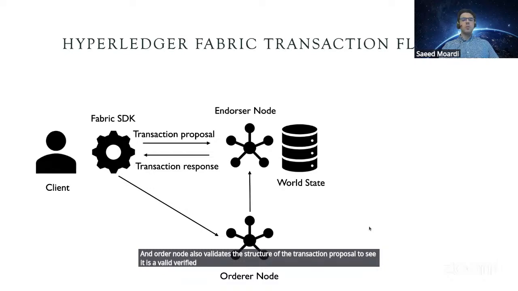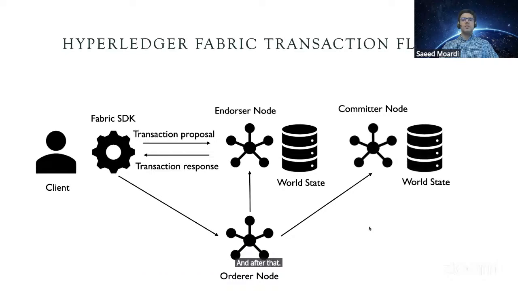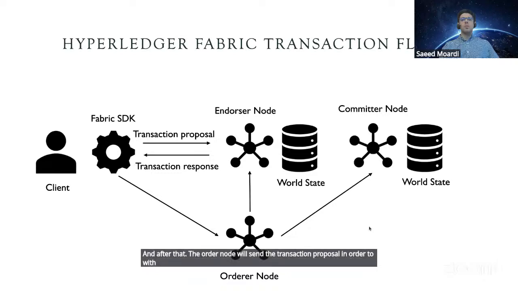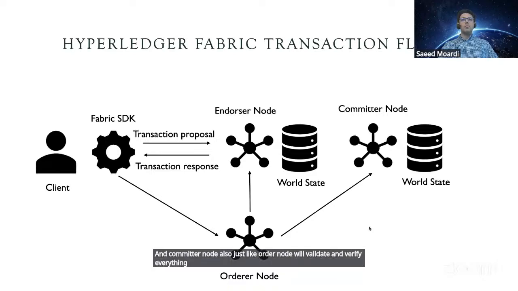After that, the order node will send the transaction proposal in order to the committer node, which is the final node that is going to finalize the transaction and append it to the ledger state. The committer node, just like the order node, will validate and verify everything and make sure that everything is aligned with the policy of Hyperledger Fabric.